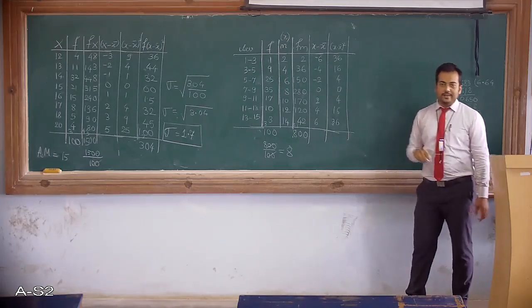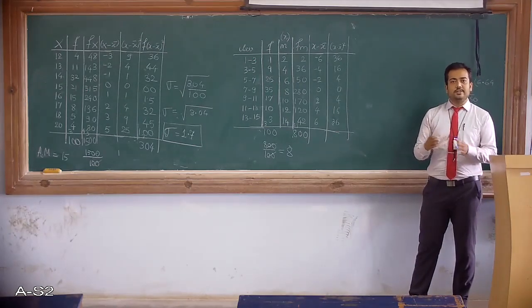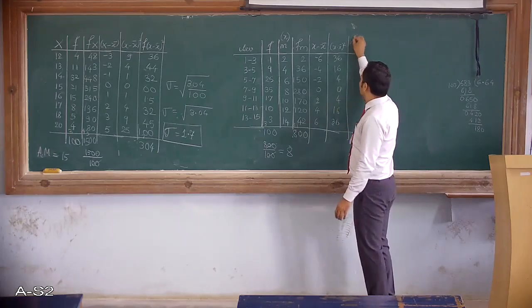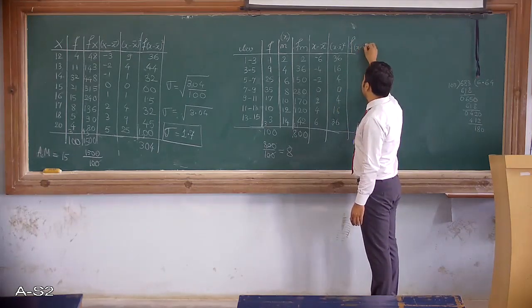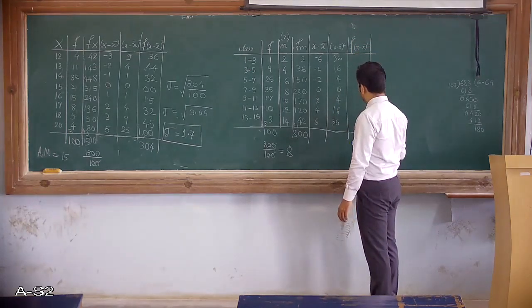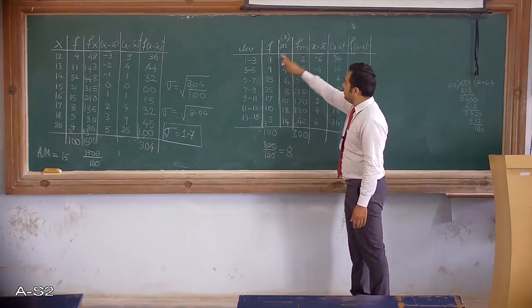Now these squared deviations we have to multiply again with their frequencies. So f into x minus x dash the whole square. This I need to multiply with the frequency.